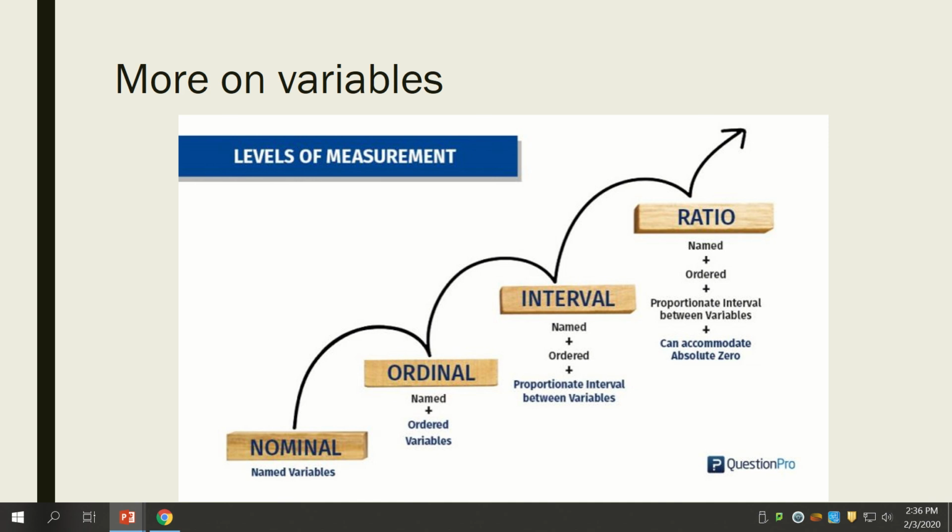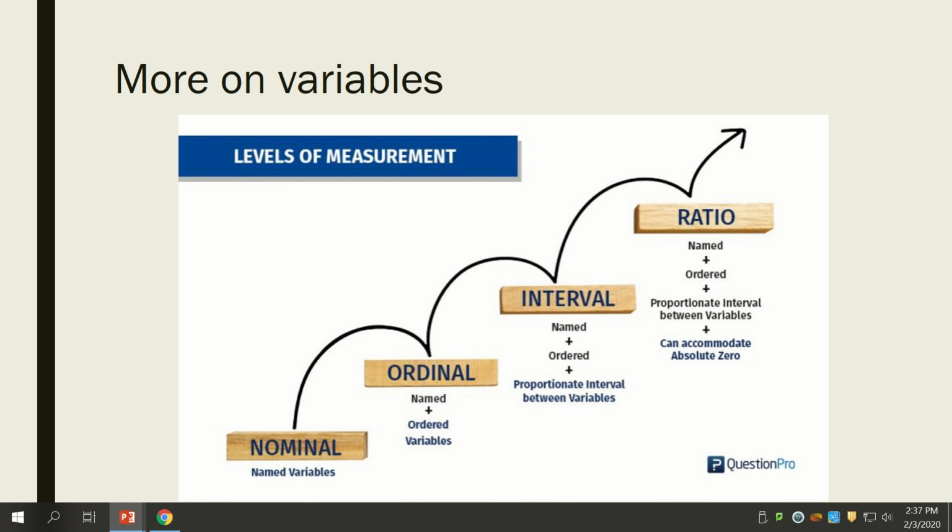Here's something to make a distinction between ordinal and interval. Ordinal, individuals who finish a race, if they finish first, second, and third, do I know how much third was beat by first? Is there any interval there? Well, I have to tell you the times, and that is actually going to end up being a ratio variable.